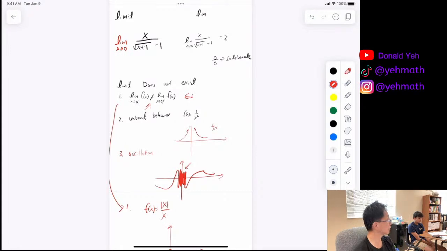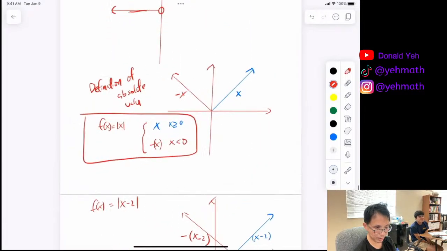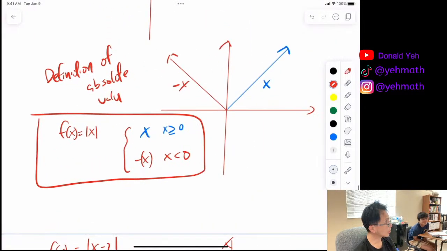Or like transformations, how would that look? About what? Absolute value x looks like this. Now if we have absolute value x minus 2, it's going to move right 2. No, like x times absolute value x.